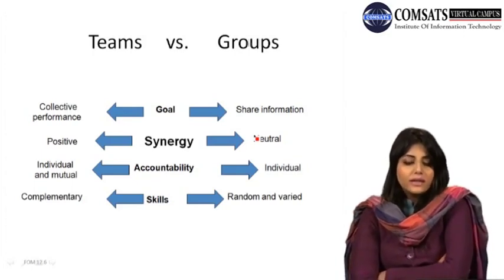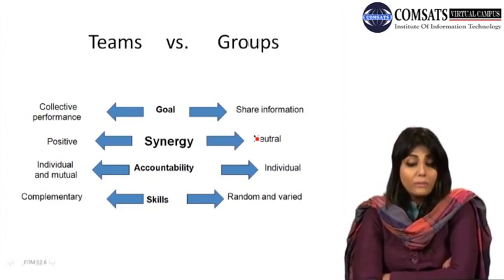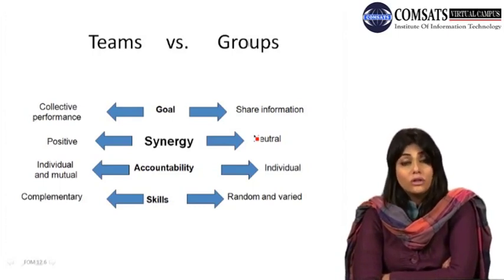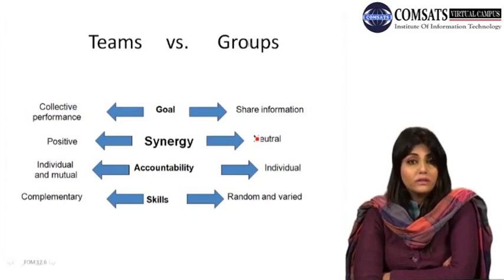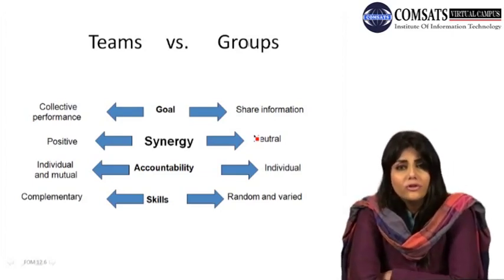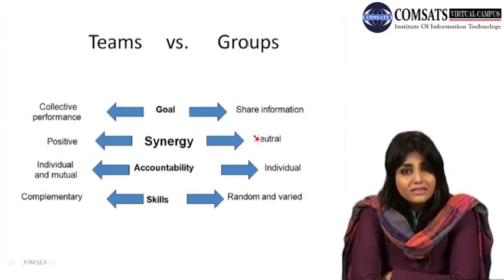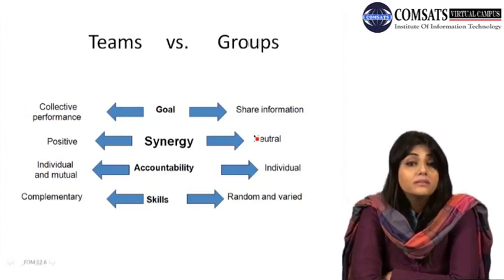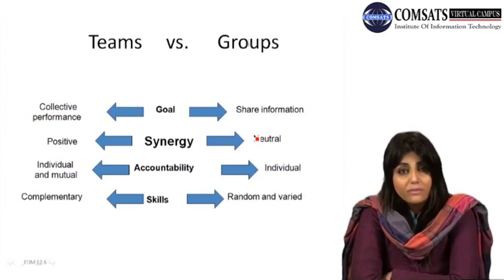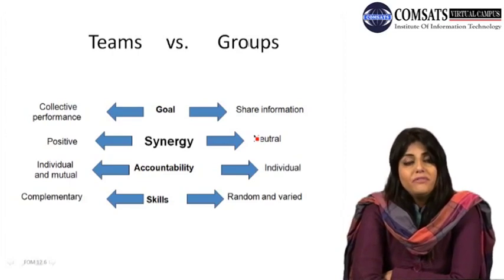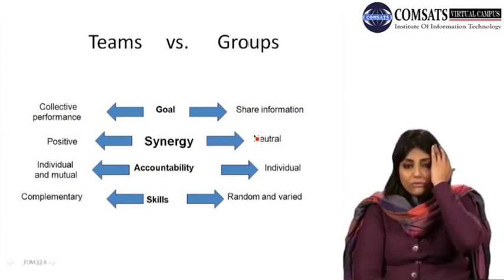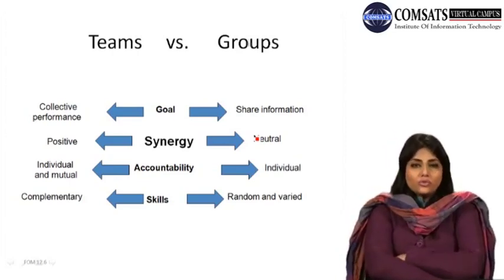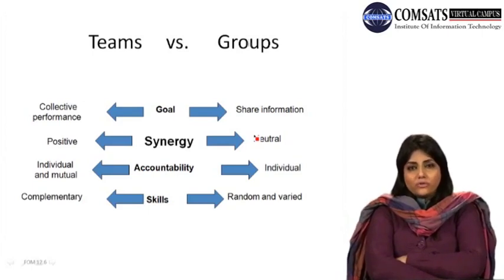Then the skills under the teams are complementary. The skills of the people in the team are complementary, because they are working on interdependent tasks. Therefore their skills must complement each other for the performance of the task. But in the groups, the skills are random and varied. One member in a group might have an absolutely different skill from another.